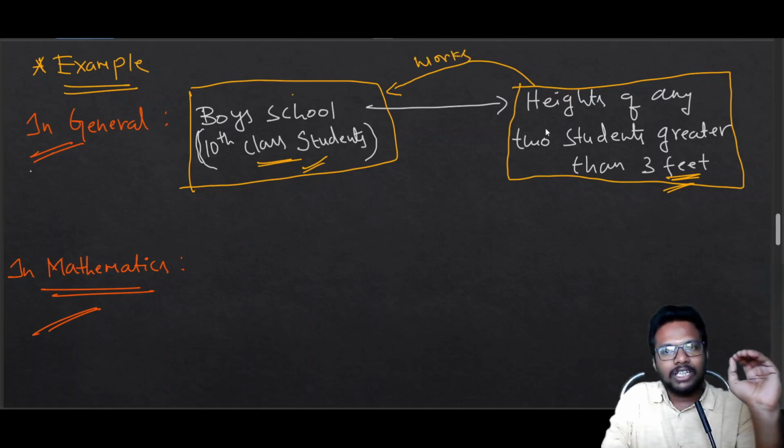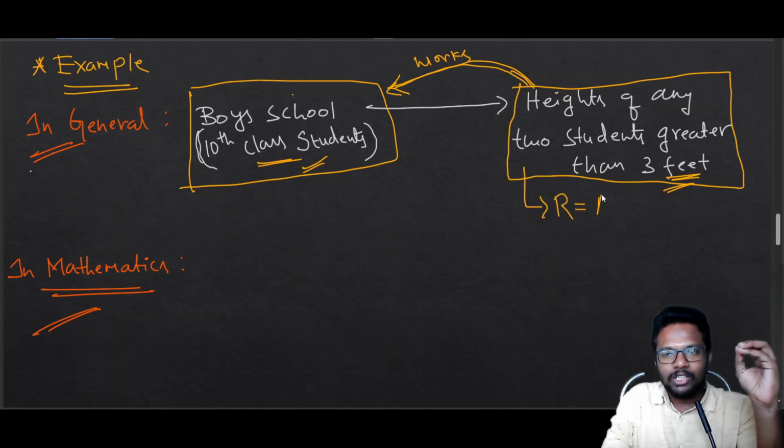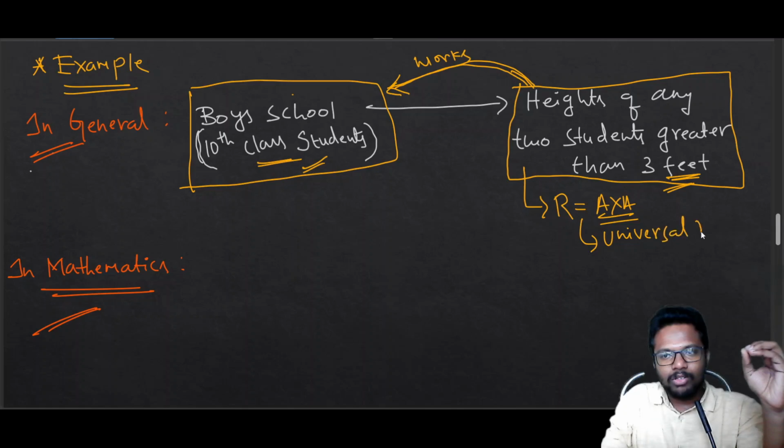So this relation, the height of any two students is greater than 3 feet, works clearly with the given condition in the boys school. Then this relation is R. We can call it A cross A, the total Cartesian product A cross A. So this R is a universal relation.